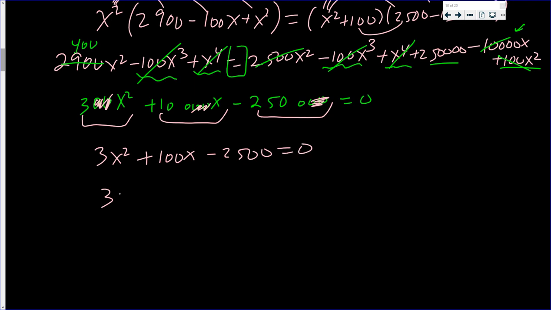We have 3x times x. Now, whatever number I put here is going to be multiplied by 3x. And whatever number I put there is going to be multiplied by 1x. So now, how do I get negative 2500?